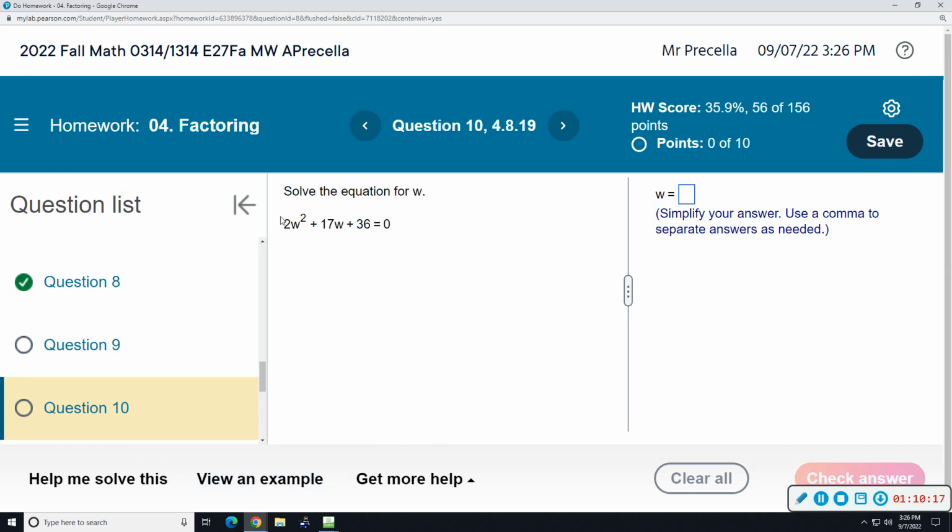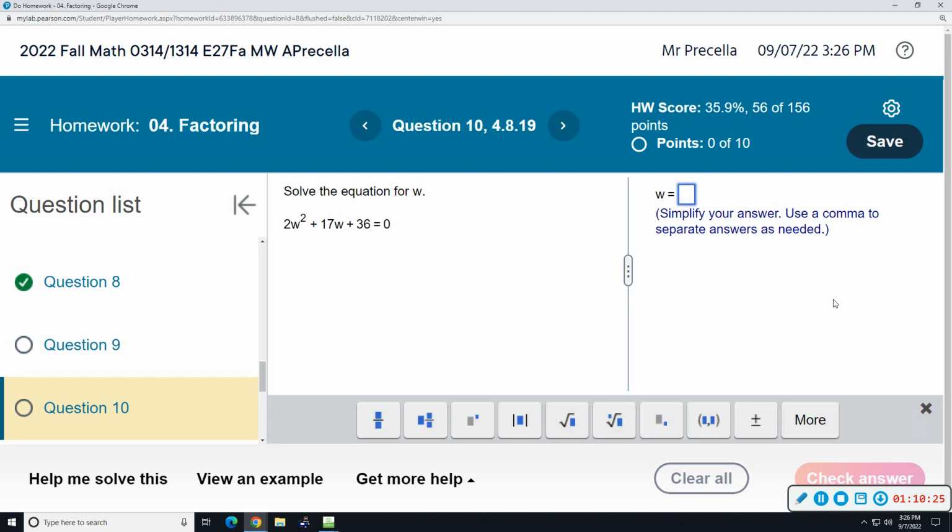When it says solve an equation, your answers are going to be numbers. We use a comma to separate the numbers. It doesn't matter which number you type in first, the negative 4 or the negative 9 over 2. It's easier to get it right, not to have a typo, if you do negative 4, comma, negative 9 over 2. But I want to show something.